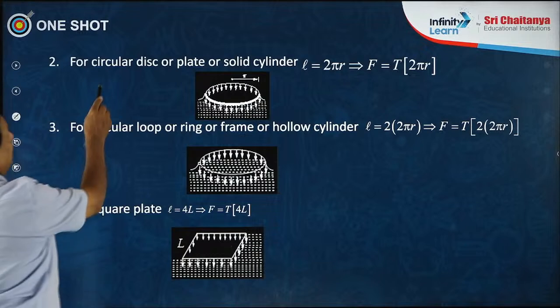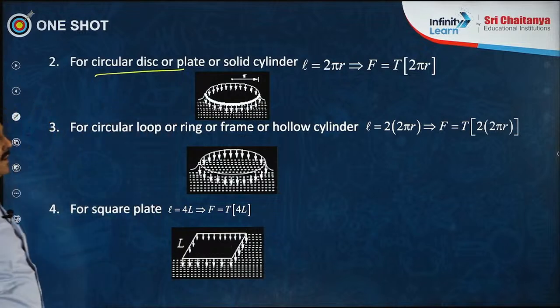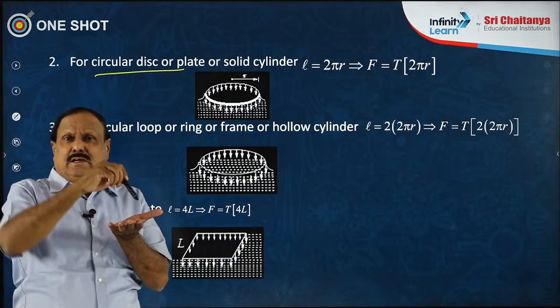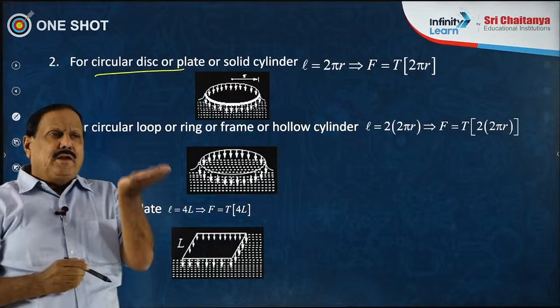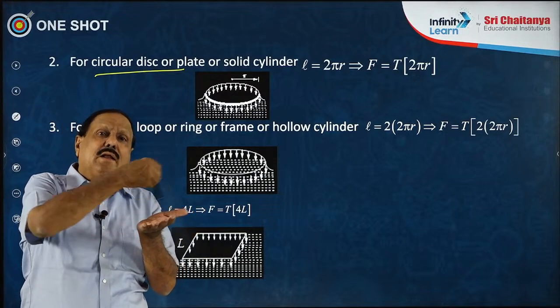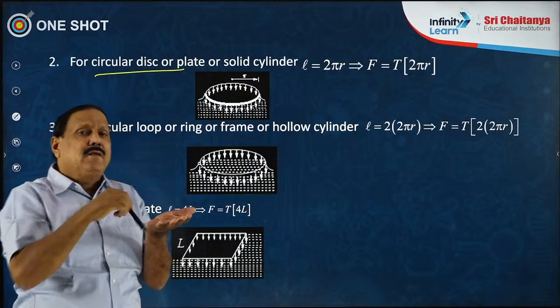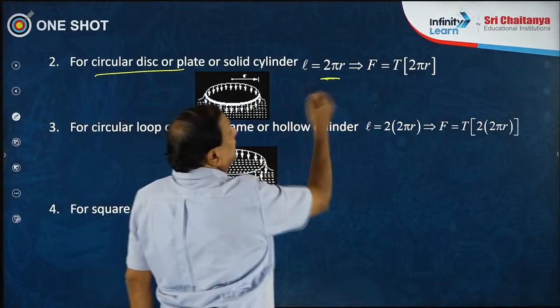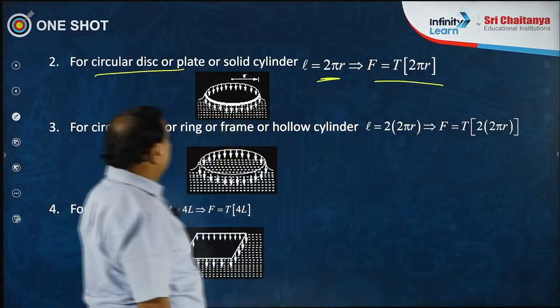For example, imagine a circular disc or plate floating on the liquid surface. Then the liquid touches only the outer perimeter or circumference, therefore T into L can be written as T into 2 pi r.